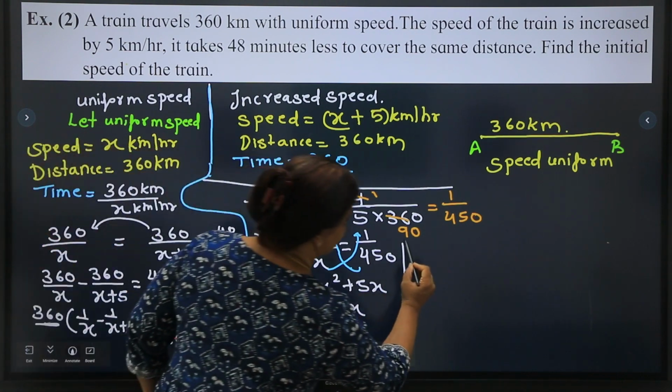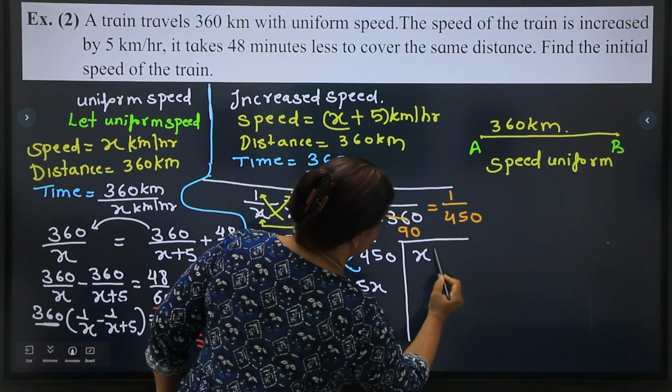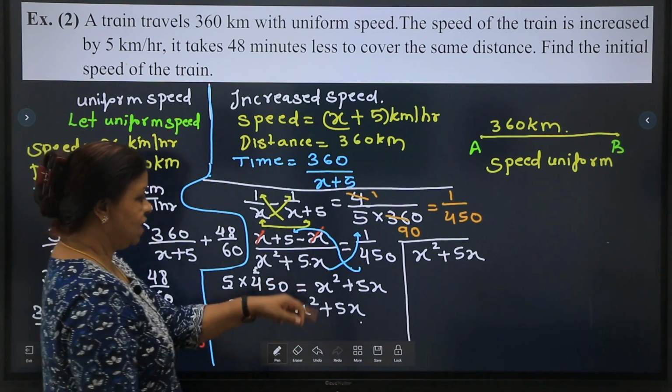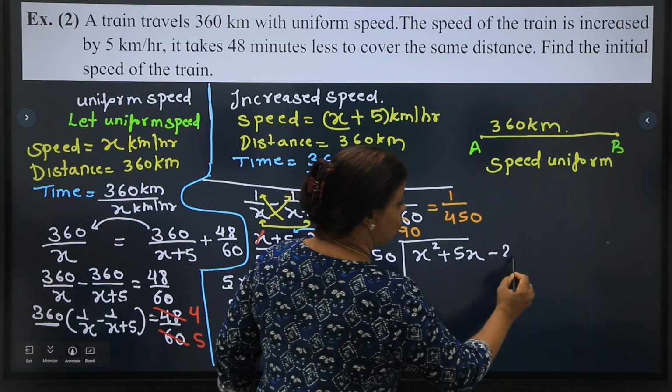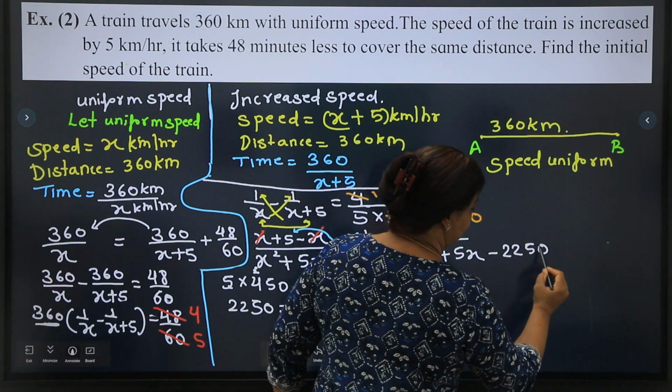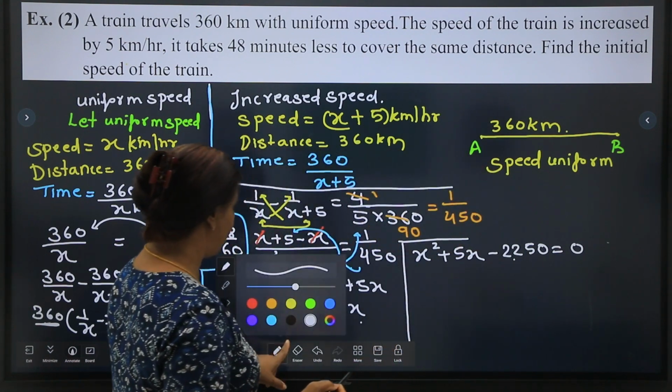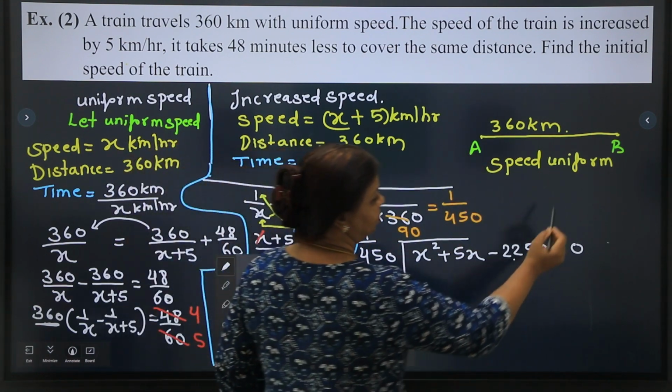Now we will bring all these terms together, and what will we get? See, x square plus 5x minus 2250, which is equal to 0. Now the last term is minus 2250 and we want to bifurcate it.